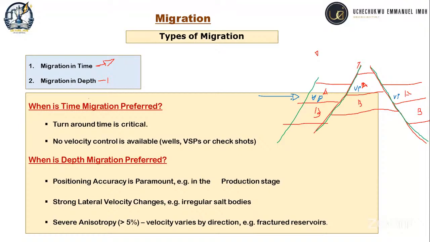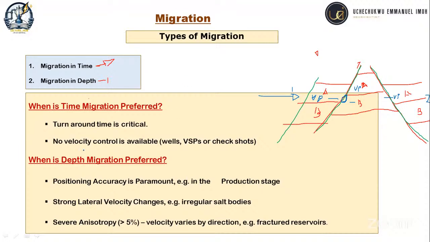So if you go horizontally from point 1 to point 2, you see that geology is changing. By the time you encounter this rock, around this area, velocity is changing horizontally because you're moving from rock A to rock B, and then from rock B, you're back to rock A. So you have encountered different velocities due to the presence of these two faults. Are we together?